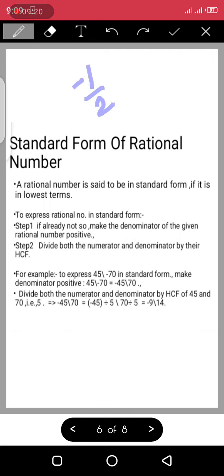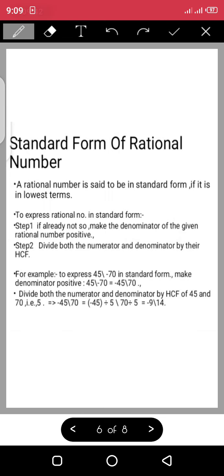It cannot be divided by any other number; it can be divided by 1 only, and if we divide by 1, we still get minus 1 by 2. So it is in simplest form. So this is the standard form of a rational number.